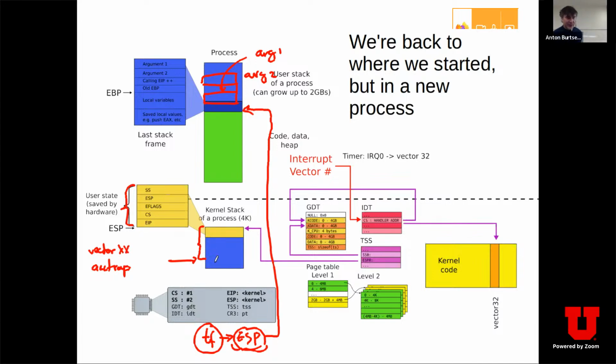This data structure is a trap frame. When we invoke the trap function, we pass a pointer to the trap frame from the assembly to make sure we can access all the user registers. So if we want to change a user register, why would you want to change the value of a user register? Who can give me an example?